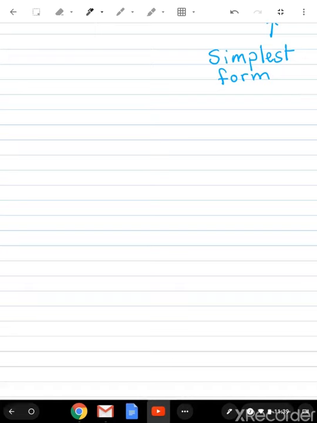Also, this is number 8. We have 3 out of 10 plus 5 out of 10. I want to add the fractions, then put the answer in the simplest form.